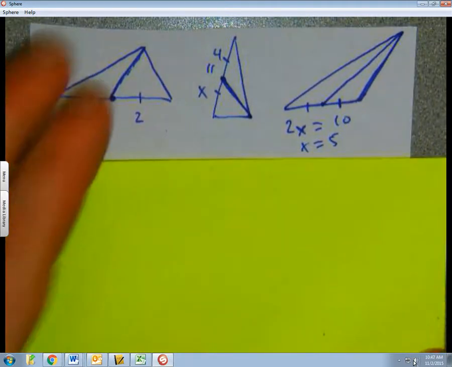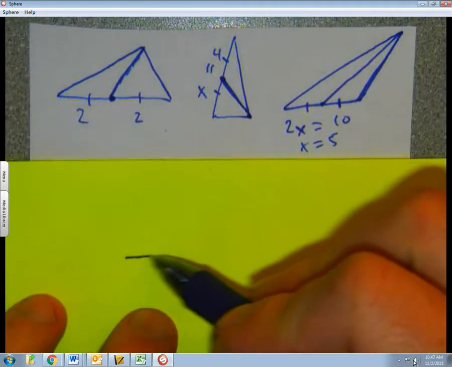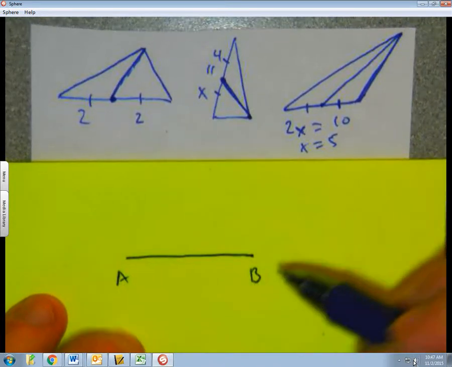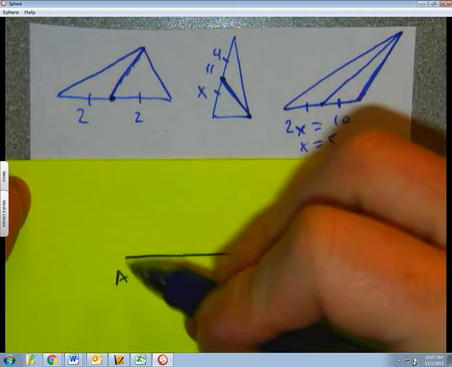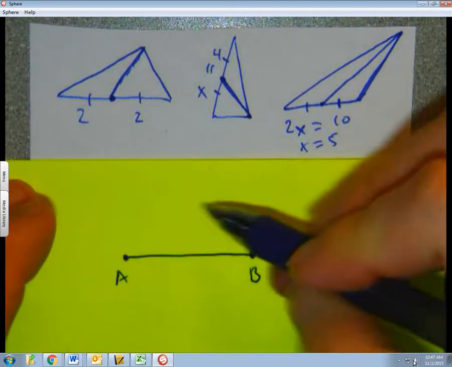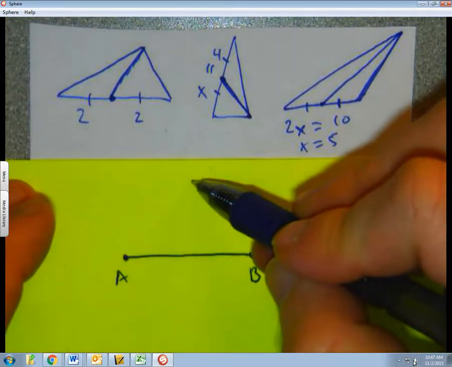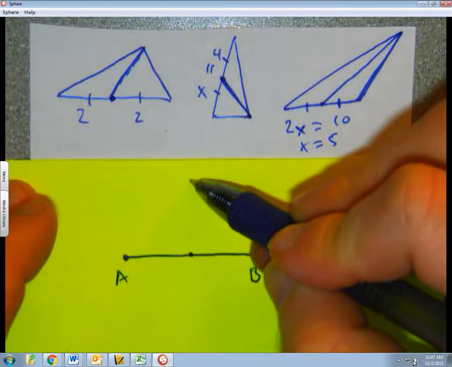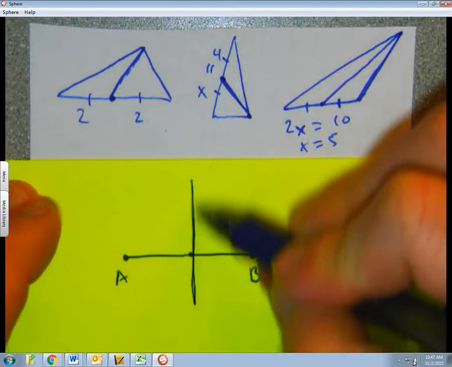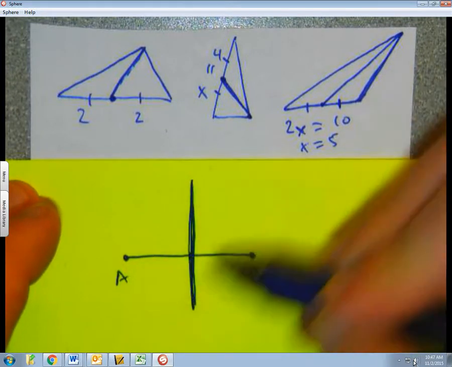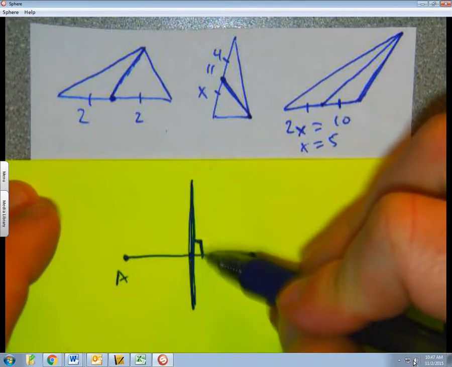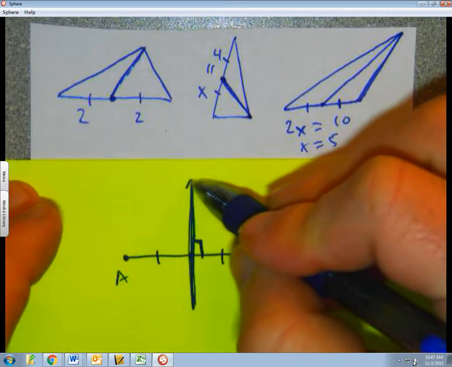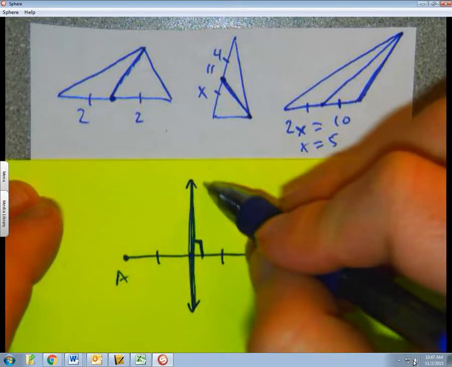So if we have a segment here, and we've got a perpendicular bisector, that means that it's going to cut it in half, and it's going to be 90 degrees. So just a sketch. It's going to be 90 degrees, and then this side will be the same as that side. So let's call it CD. CD is a perpendicular bisector.